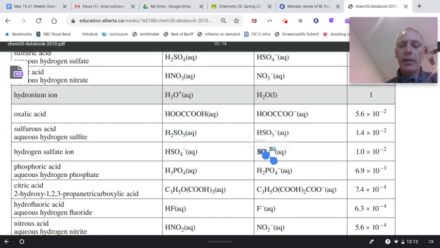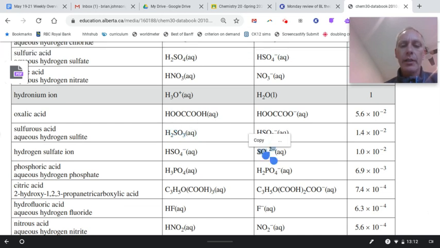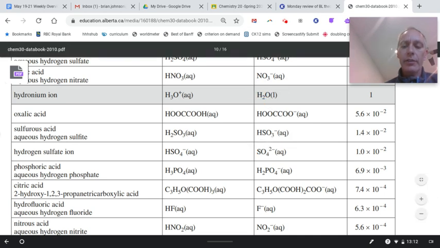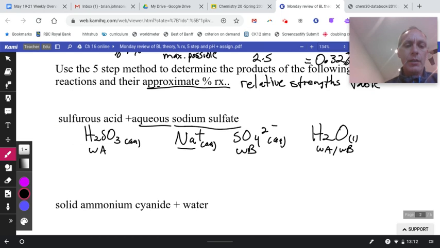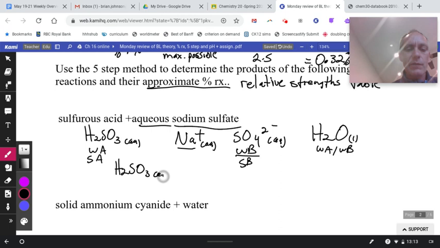And SO4 2 minus is right there. And there's water. So our strongest base is SO4 2 minus, and our strongest acid is H2SO3. Water is out on this one. So Bronsted-Lowry: react the strongest acid with the strongest base.